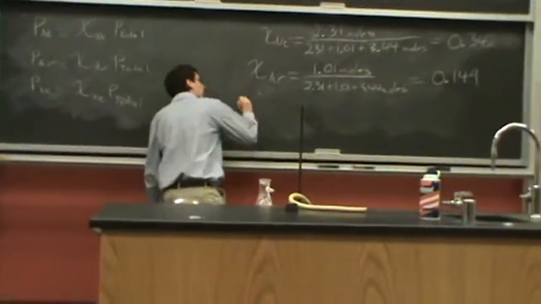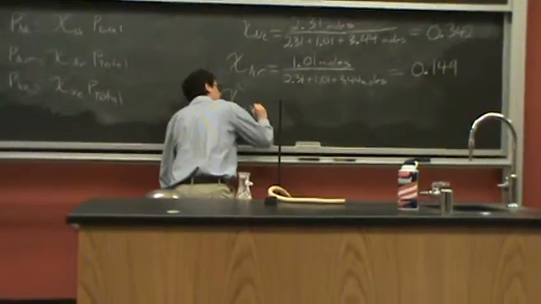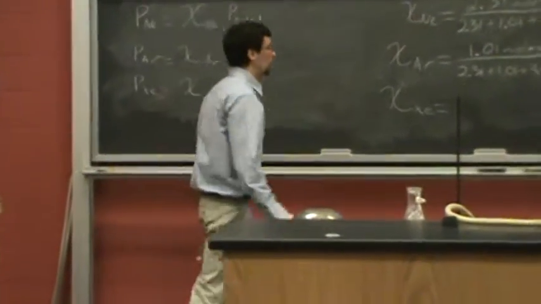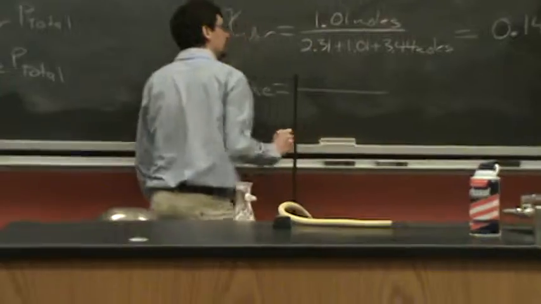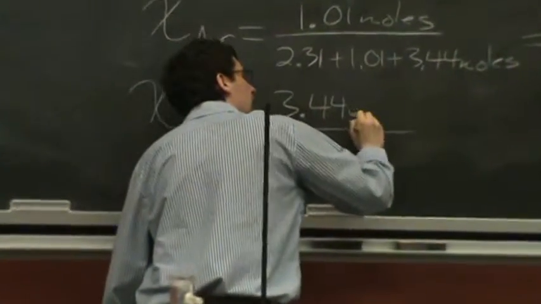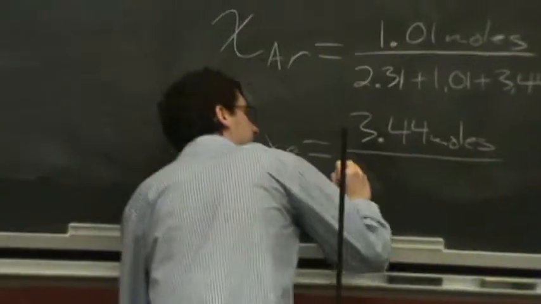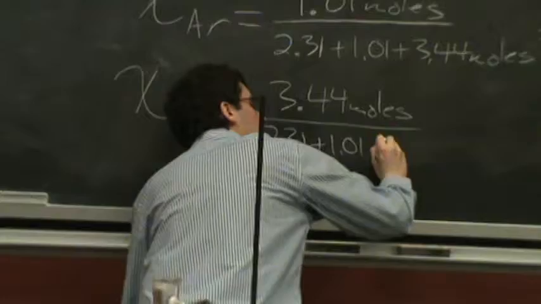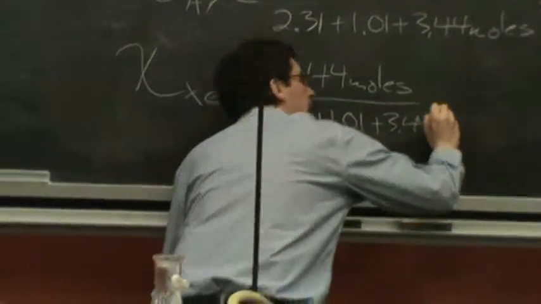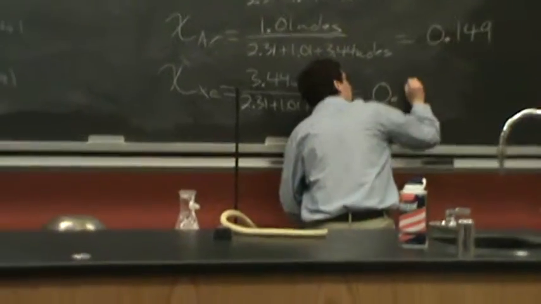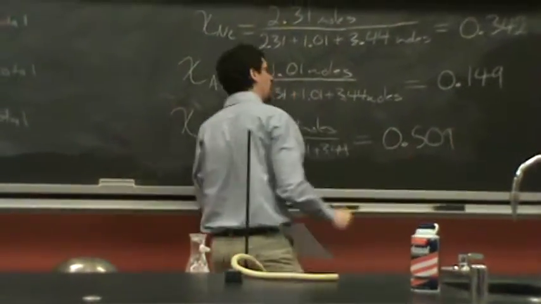Let's look at the mole fraction of xenon. What value is going to go up top? 3.44 moles. In the bottom, we're just going to have our sum again. When you manipulate that out, I get about 0.509.